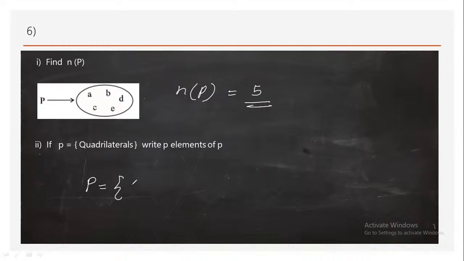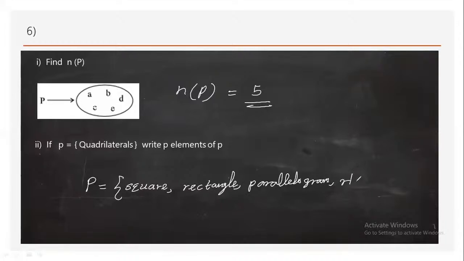First I will mention square, rectangle, parallelogram, rhombus. Square, rectangle, parallelogram, rhombus. The other one is what? Trapezium.